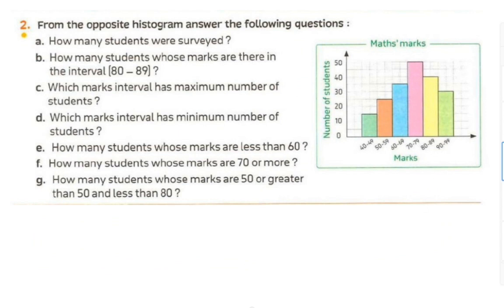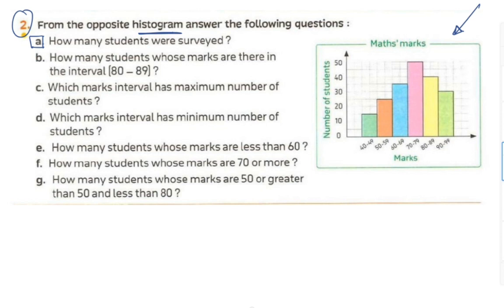I think it's time to do some exercise. First exercise, number 2, from the opposite histogram. We have a histogram here. Answer the following questions. Question A. How many students were surveyed? First, look at this histogram and study it.